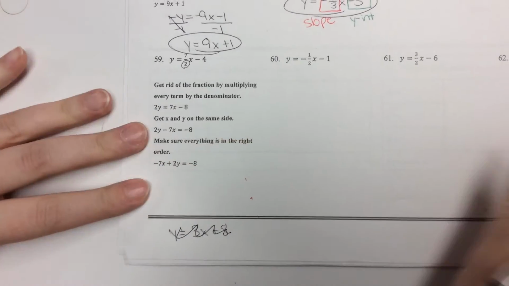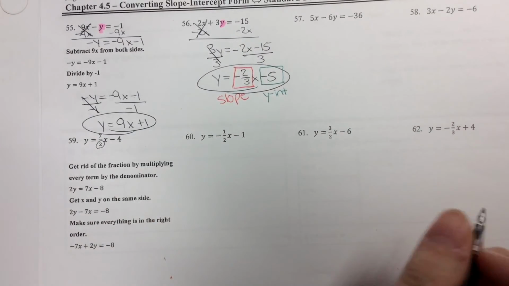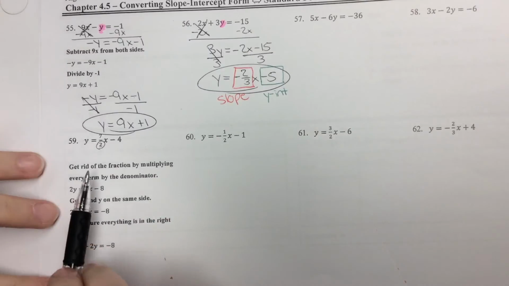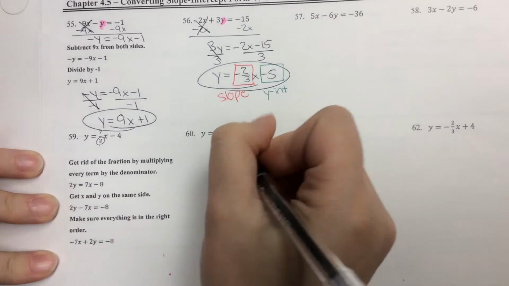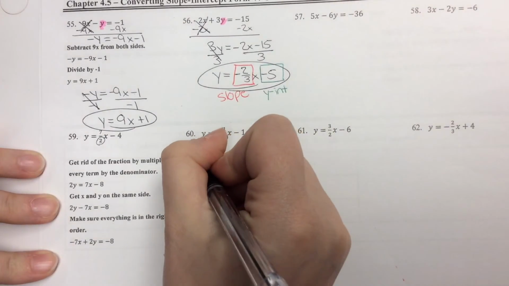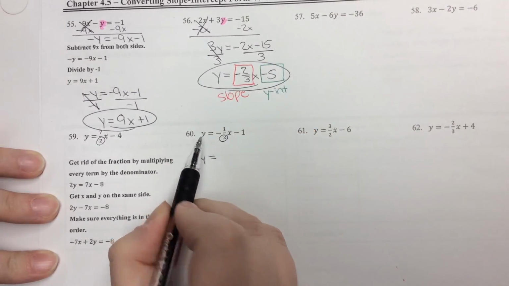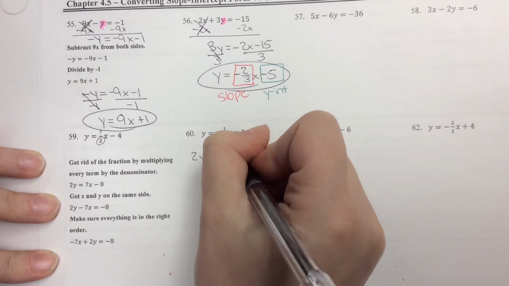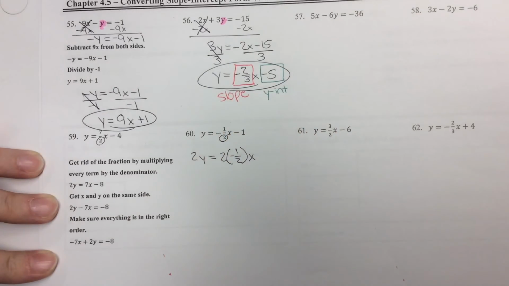All right, let's look at an example of this. I'm going to follow my steps. Number 60. We need to, first of all, multiply every term by the denominator. What's our denominator? 2. All right, so I'm going to go 2y on this side. Then I've got 2 times negative 1/2 times x.